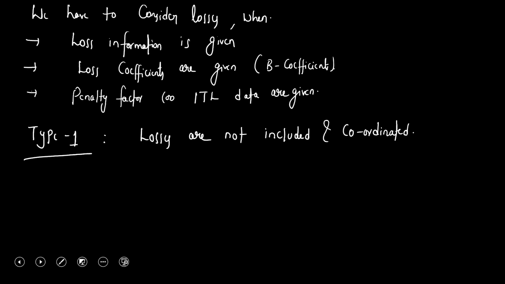Then the solution, the methodology we'll adopt, is that we take the summation of Pi, i equals 1 to n, that is the sum of all generations, and equate it to the total load demand.